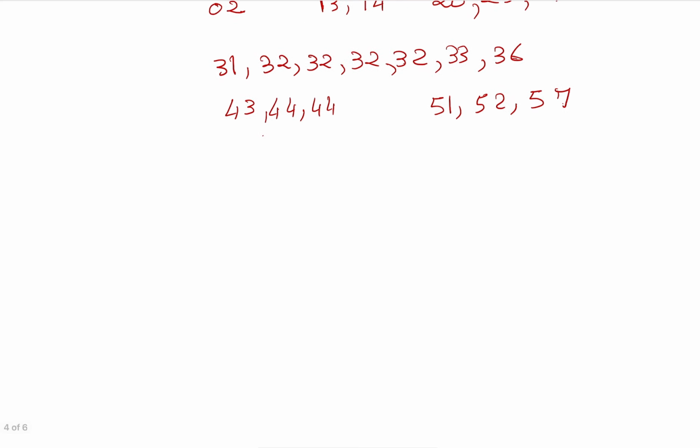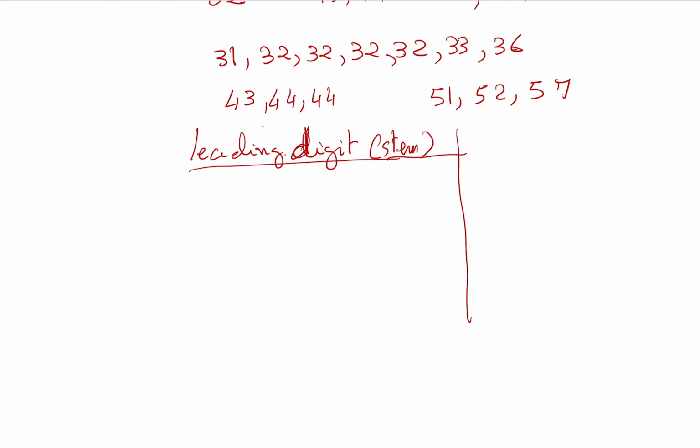So remember, the first number is called the leading digit, or they call it the stem. That's why the graph is called stem and leaf.